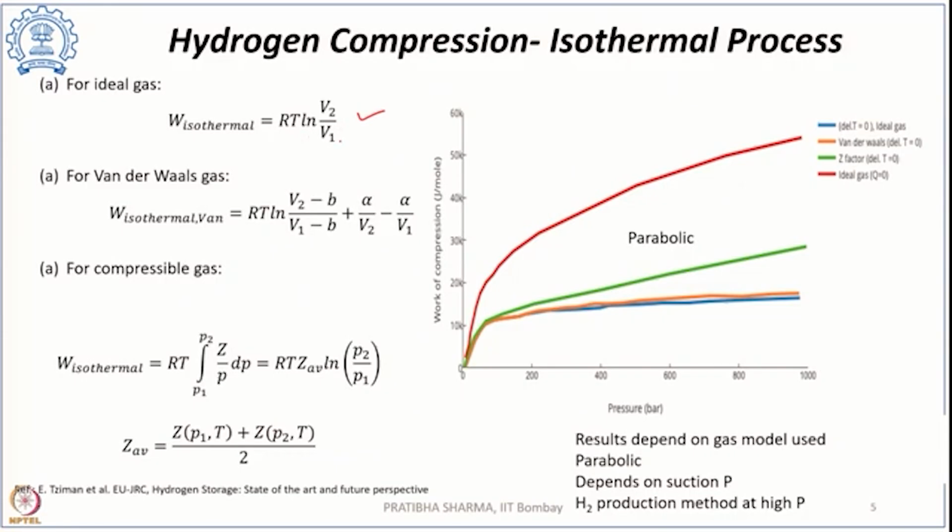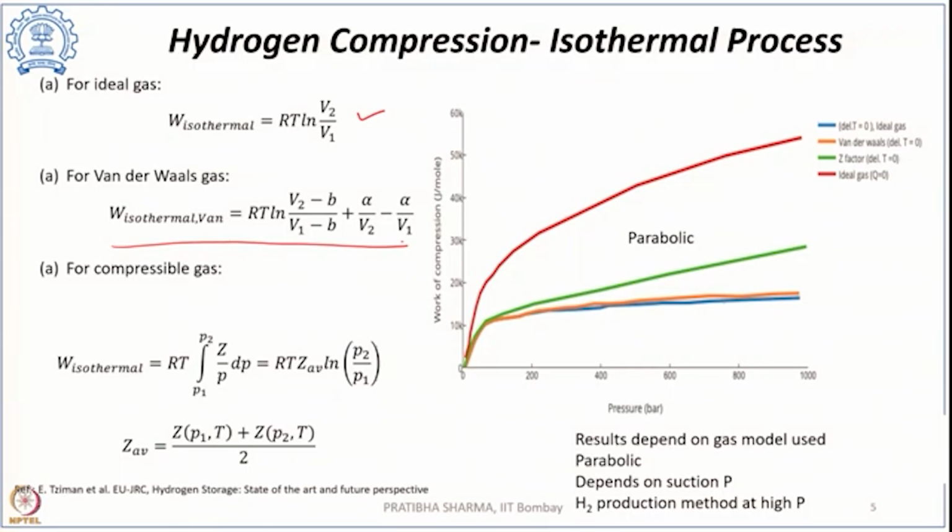We can have different models for real gas, and considering the van der Waals gas model, we can get the isothermal work as RT ln of (V2 minus B) upon (V1 minus B), plus alpha upon V2 minus alpha upon V1. So, this is the required work of compression considering the process to be isothermal.